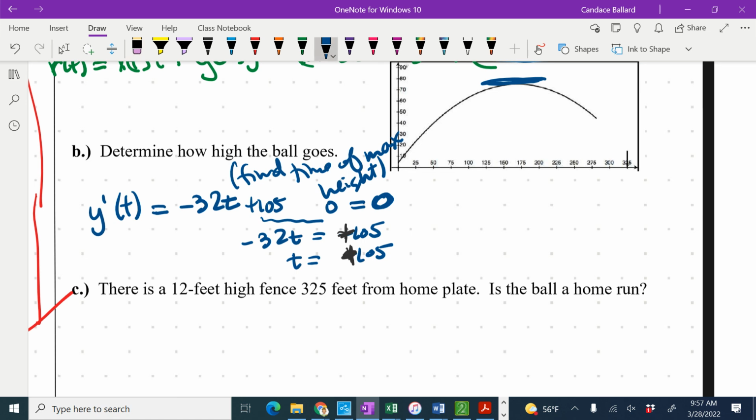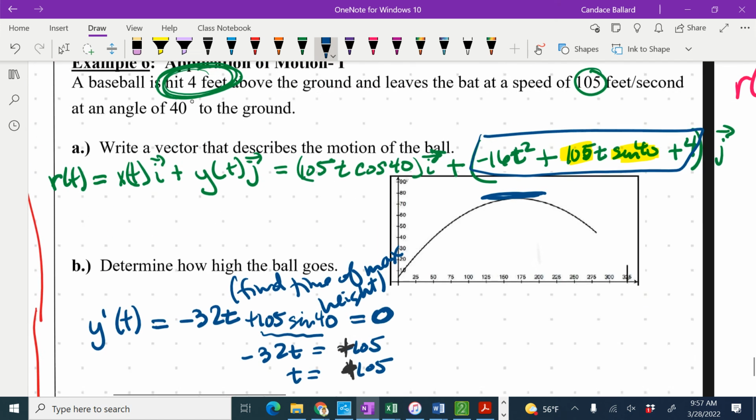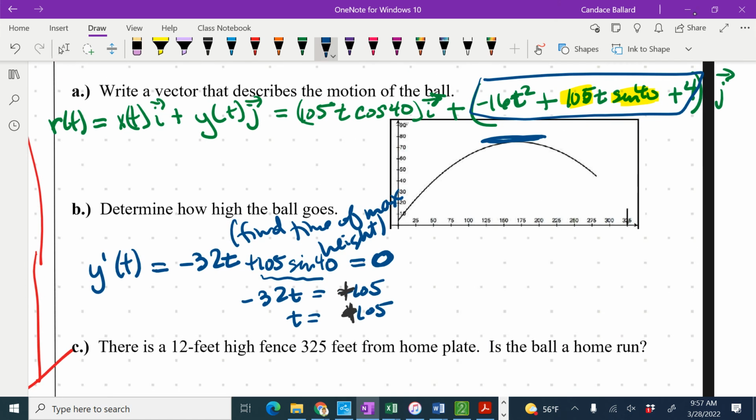So we don't take the, it's still sine. Okay, so here's the reason why. There's no t, right? It's a number. So we would keep it sine of 40. So I think our number is just off of the answer key, which is okay. It sometimes happens. We're all human and we all make mistakes somewhere.